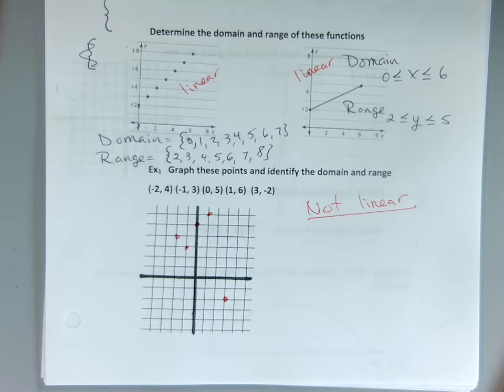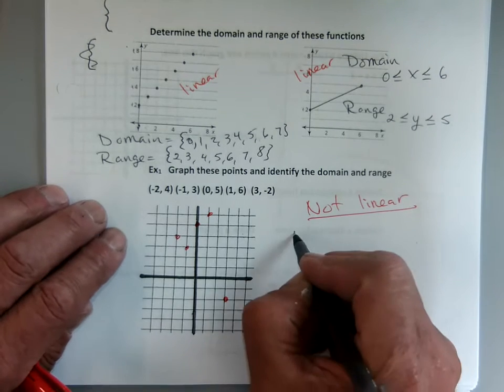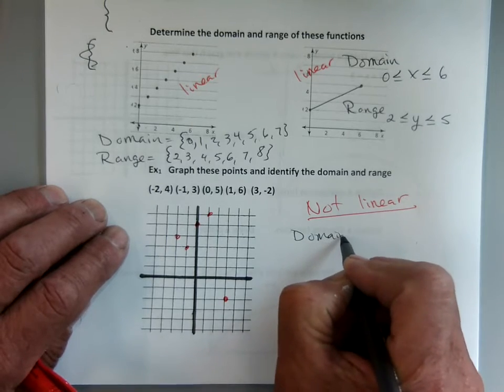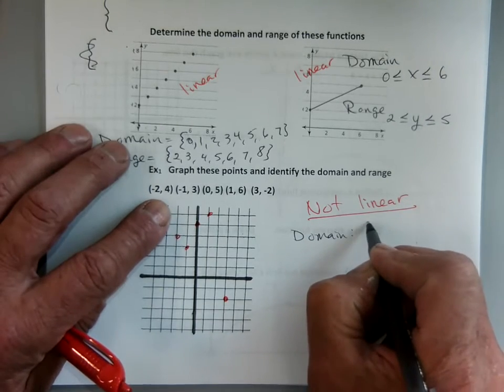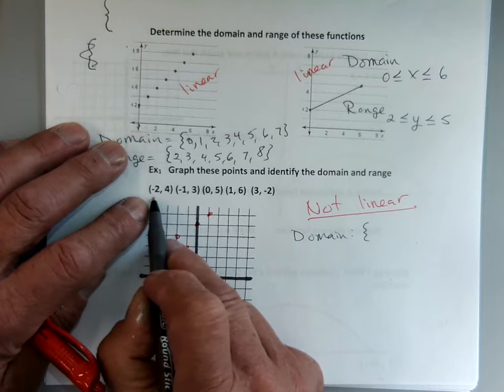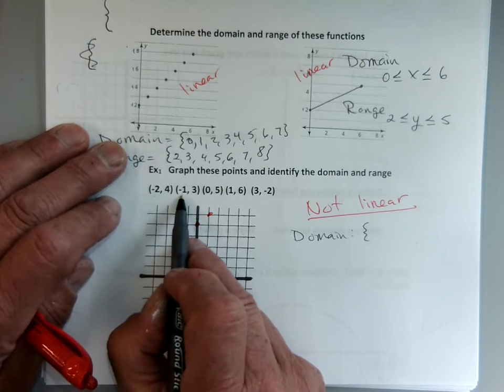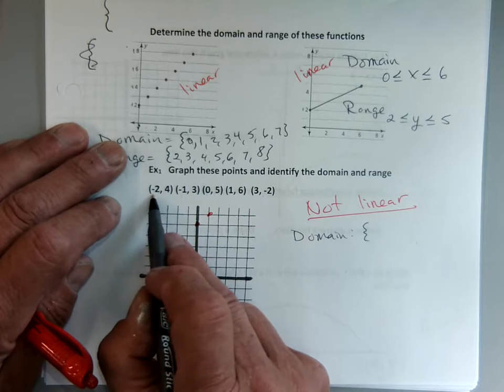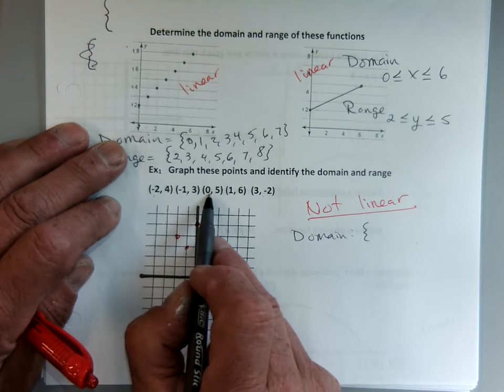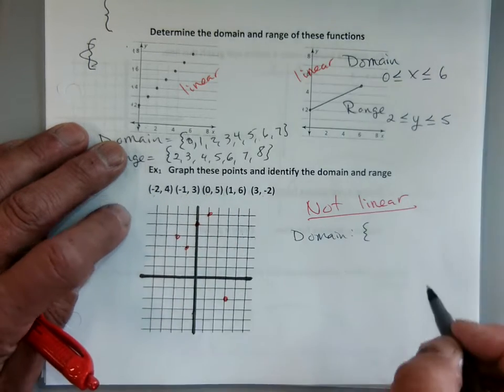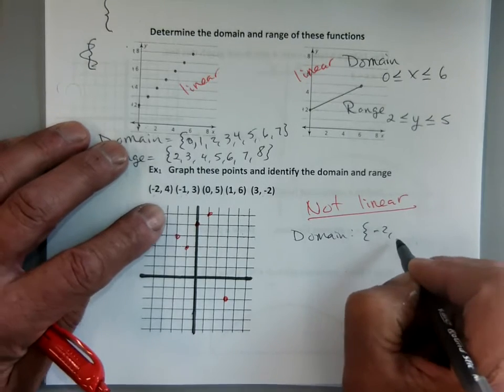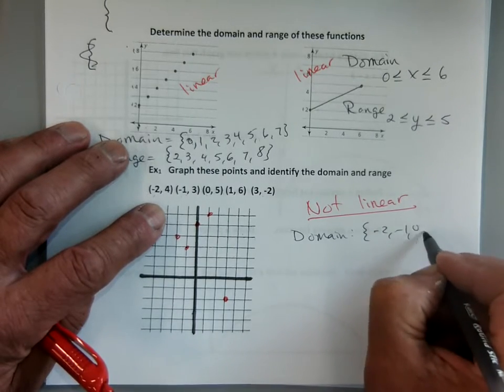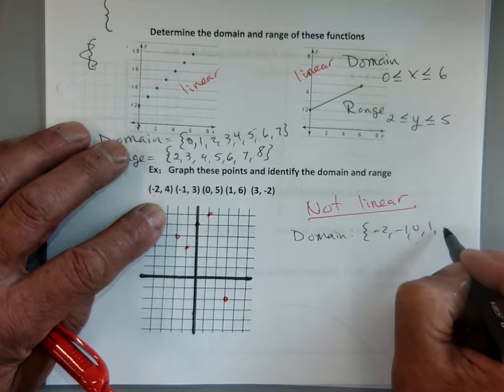But we can identify the domain. That's easy. It's just going to be the x values. So the x values, here they are. -2, -1, 0, 1, 3. Just as easy as that.